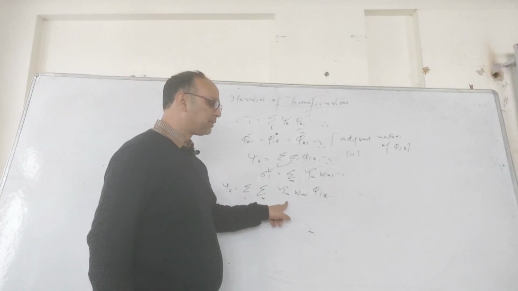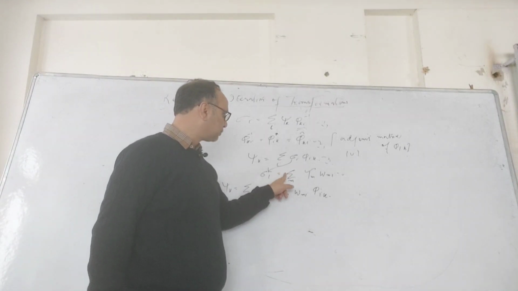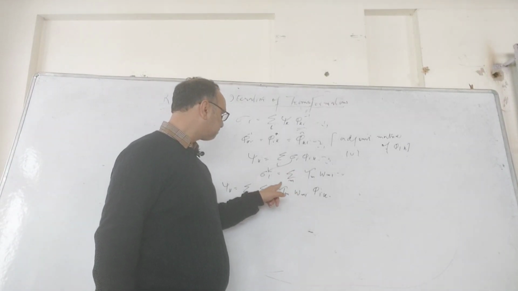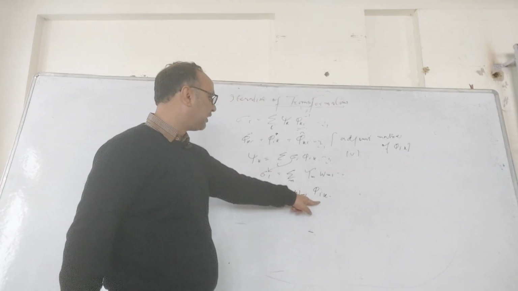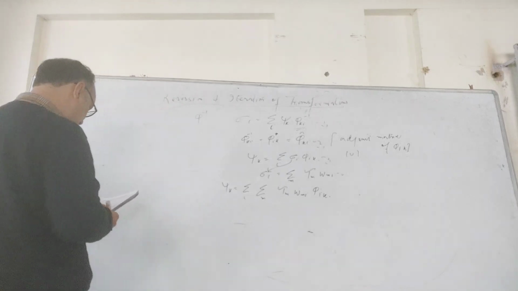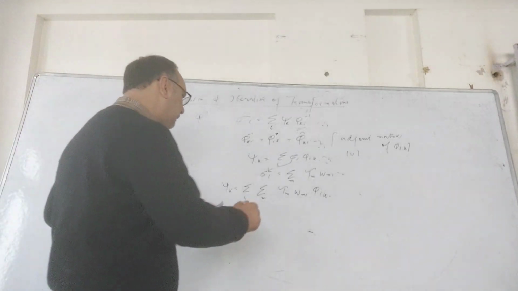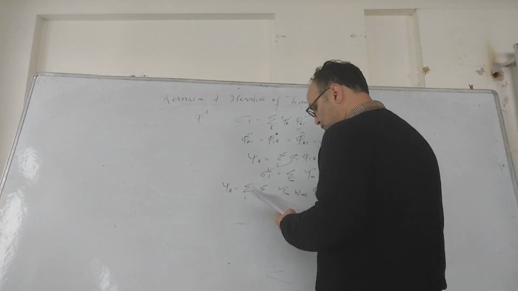We just simply substituted this here, in the presence of sigma we have this thing, and phi ik is the same.